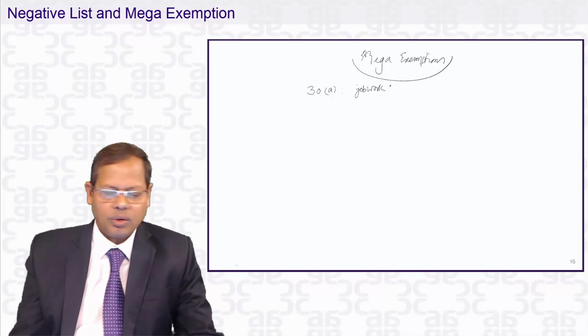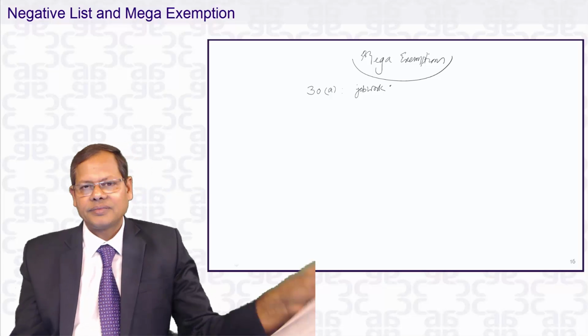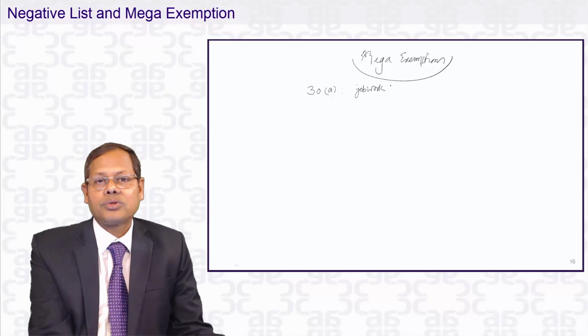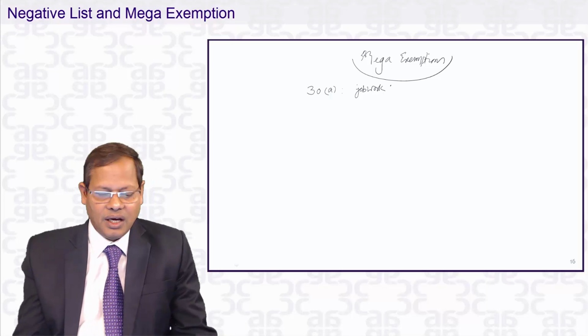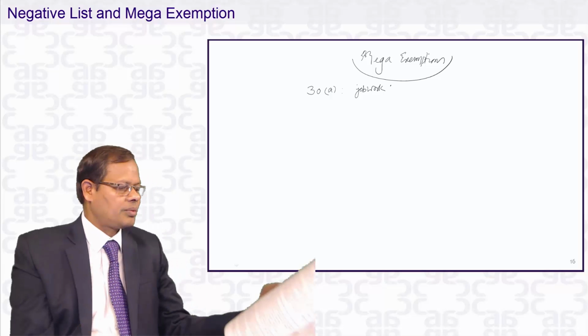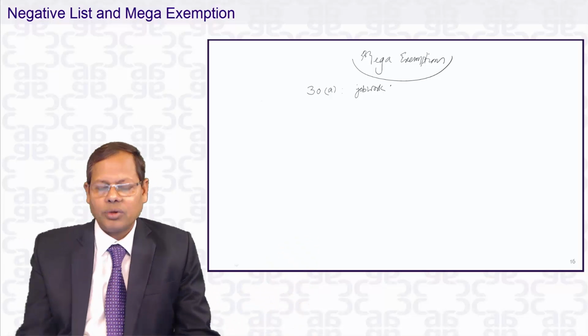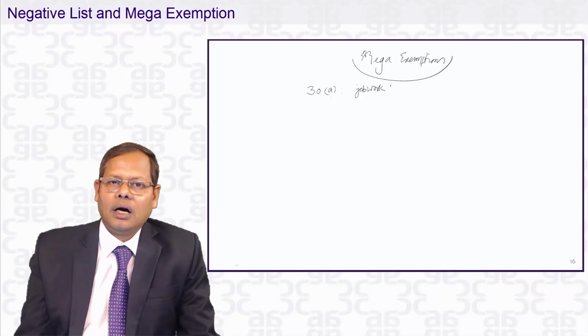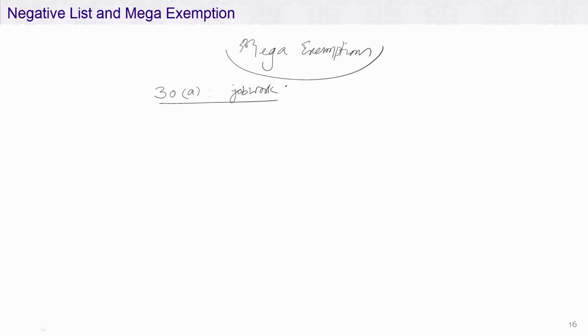Relating to job work, it is exempt. You have to necessarily look into job work, agricultural operations as a job worker. Suppose you are a job worker carrying out operations. Let me write it here. What are they? Carrying out an intermediate process.